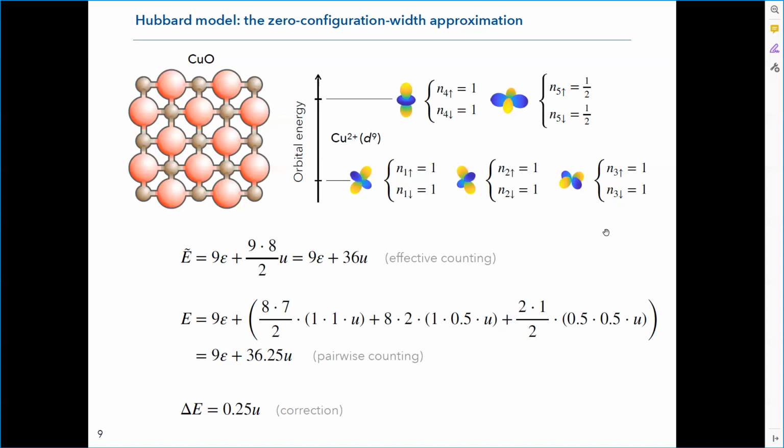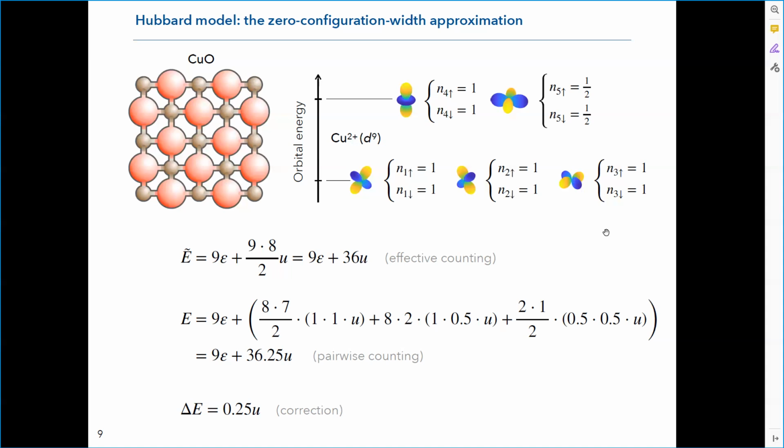So this is the result of a very global counting of the number of pairs. But if you refine this model, you can look at a more refined pairwise counting of the interaction, and you can count how many full spin pairs you have, and you have 8 times 7 divided by 2. How many half spin, full spin pairs you have? In that case, you have 8 times 2 for each one of those.